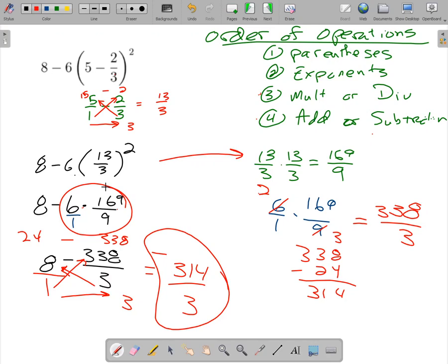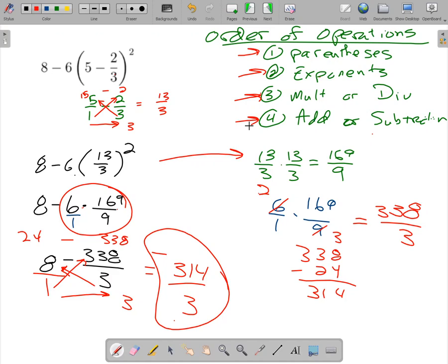Well, 3 plus 1 is 4, plus 4 is 8, so 3 does not go into 314. I could make it a mixed number. I don't need to. So this is, I think, the best answer right there. Negative 314 over 3. Okay, so the point here was to just follow the order of operations. Do the parentheses, then do the exponents, then do the multiplication, and then do your subtraction in order.